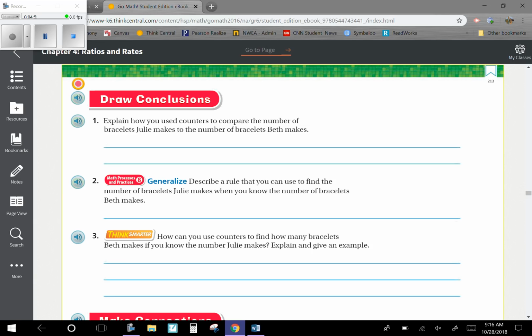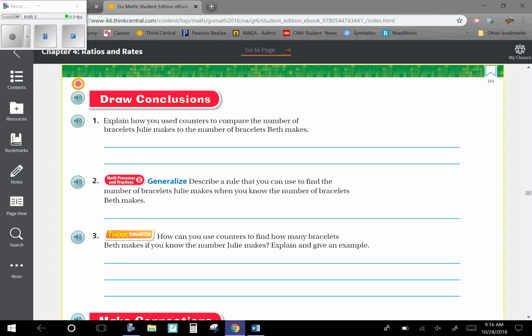So for every 3 red counters that I put down, I showed 1 yellow counter.